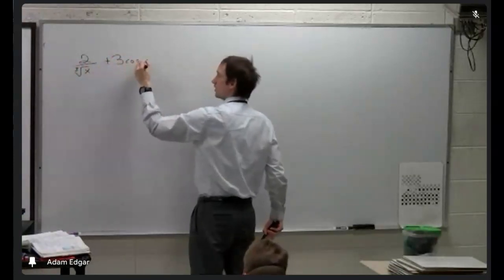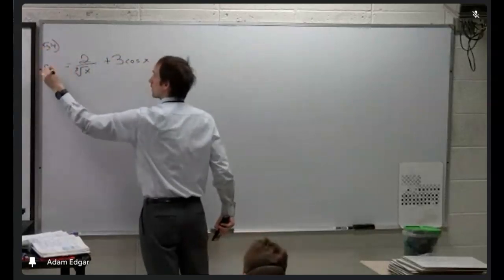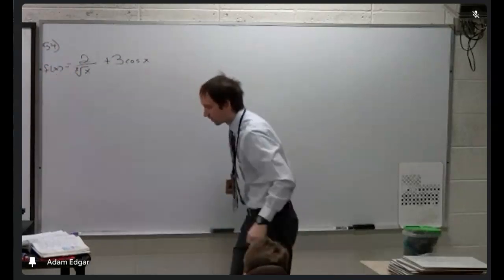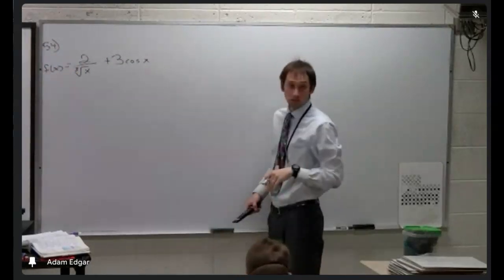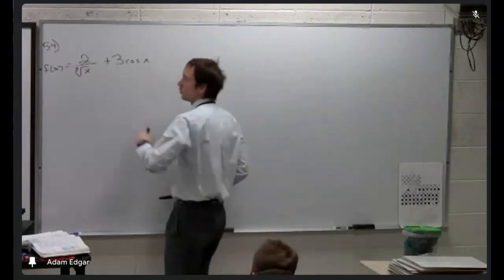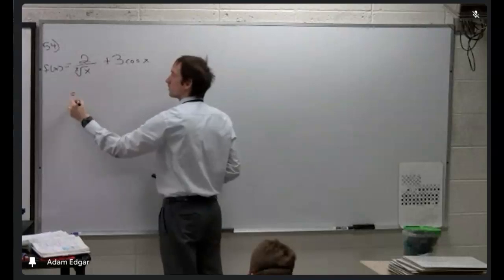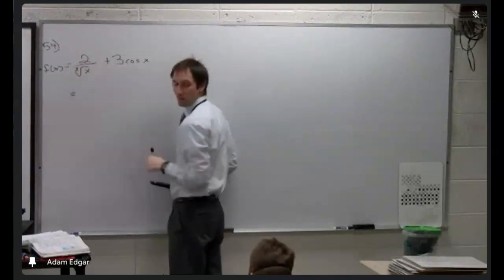And don't forget, label it, whatever it is. It's f. All right. Step 1, can we differentiate right away? No. What do I need to do with this first term? Rewrite it so that x is out of the denominator and also not a radical.